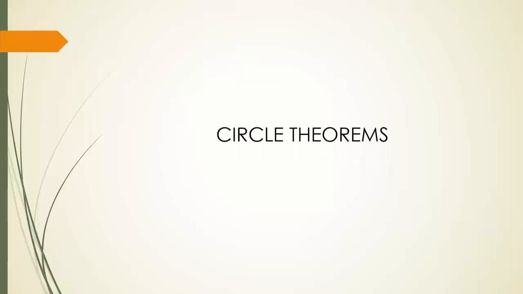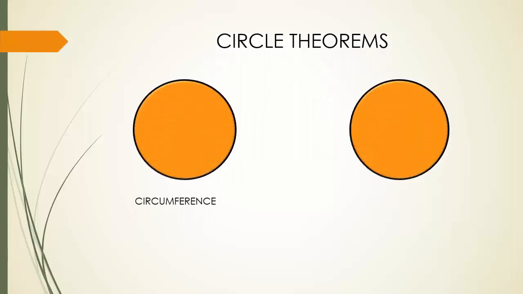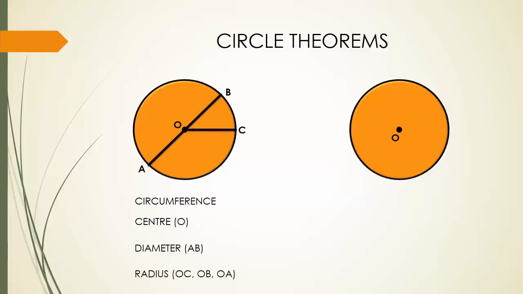Now, we also need to see some parts of the circle that we may be needing during our circle theorem lessons. Starting with the circumference, you have to take note of the circumference. Also the center, which we always refer to as point O, the fixed point. Also the diameter, say AB. Again the radius, say OC, OB or OA.